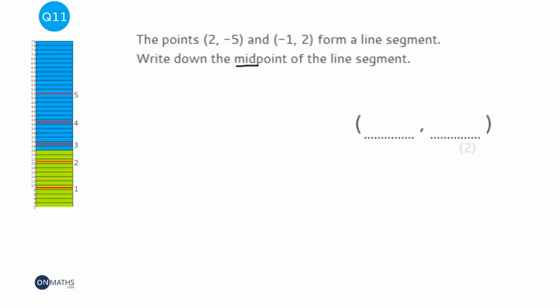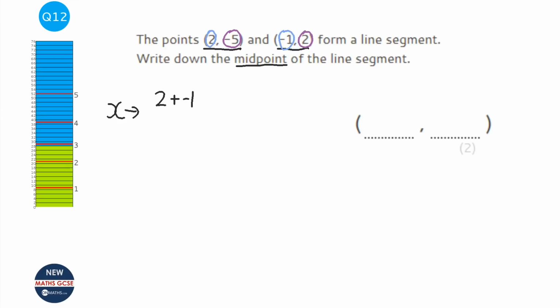Okay, so we're asked to find the midpoint, which is just kind of the halfway point, and we're given 2 coordinates at the start and end of the line segment. And a really easy way of doing this is you're just finding out the average of the x coordinates and the average of the y coordinates. So to find an average, we're going to do the x coordinates first. You add together the 2 x coordinates, and divide by 2, because there's 2 numbers.